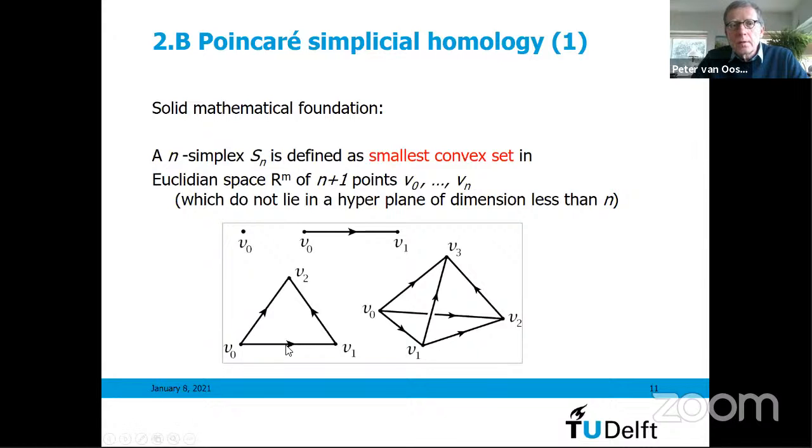This assumes that the points do not lie on the same hyperplane in a dimension less than n. What does it mean? I cannot define a triangle if the vertices V0, V1, and V2 would lie on the same line. Or I cannot define a tetrahedron with my 4 vertices if they would all lie on the same plane.